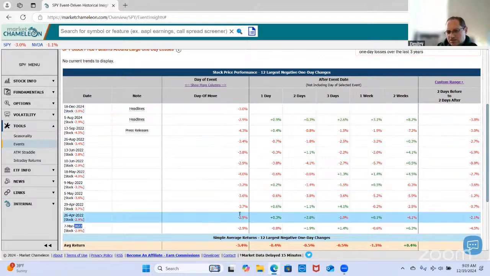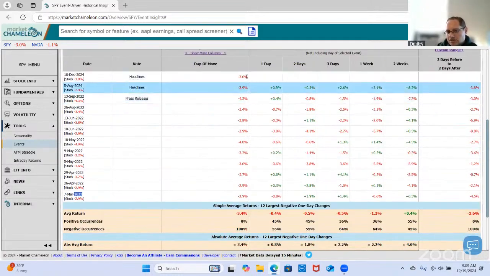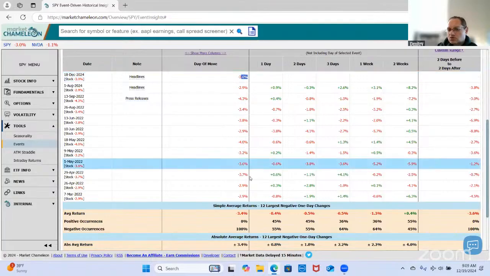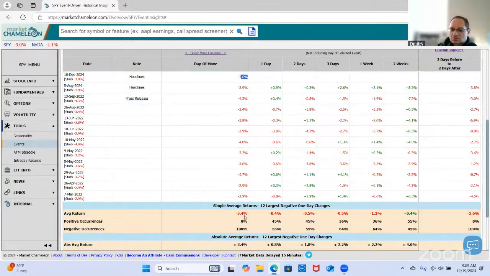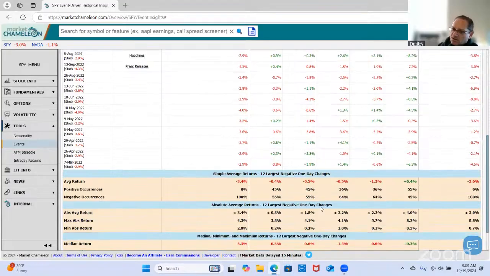So these, you could see yesterday's falls in that range, an average down 3.4%. So here, the next day move shows something a little bit different, that it's more often it goes down 55%, almost 50-50, but this shows a negative return of 0.4%.